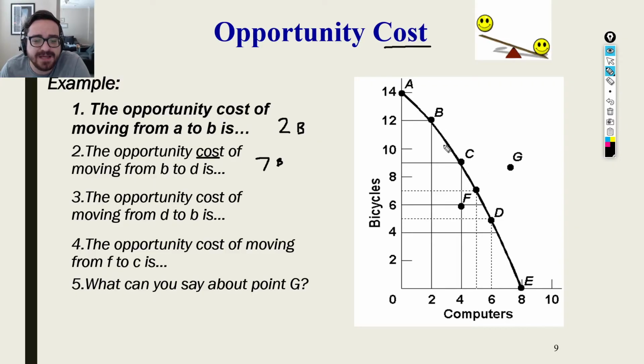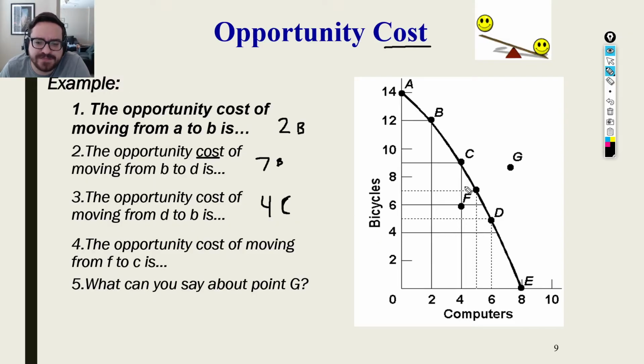From D to B, I give up 4 computers. Uh-oh, now it's the computers. Wait a minute, what? Why is it computers now? Because it's what you give up. And from D to B, I gain 7 bikes in that move, and I lose 4 computers in that move. Ooh. So be very careful. Direction matters.